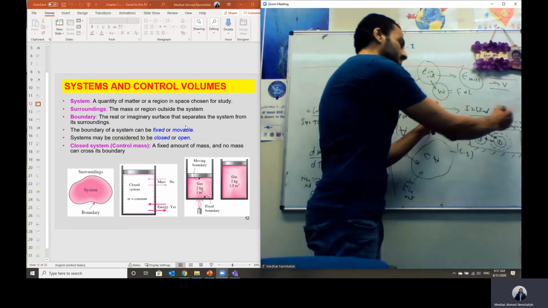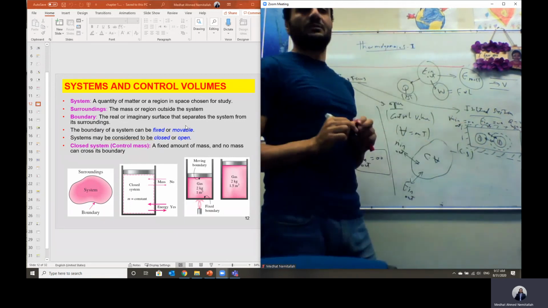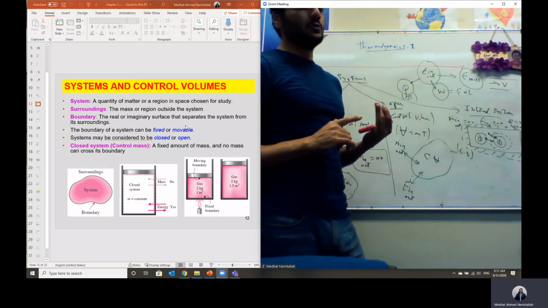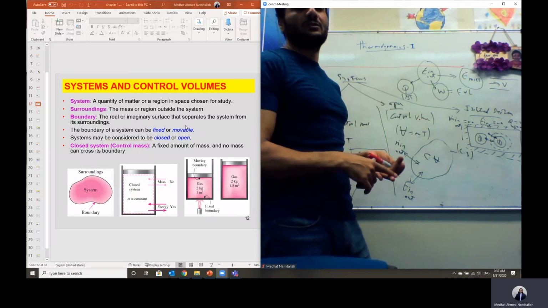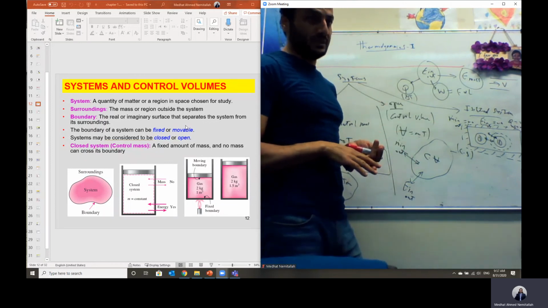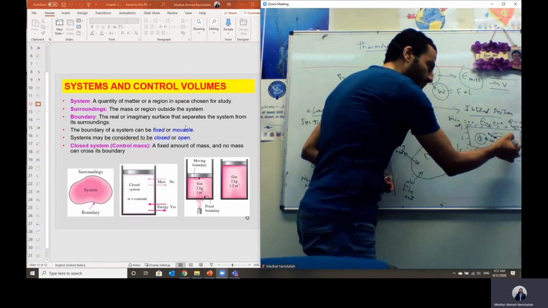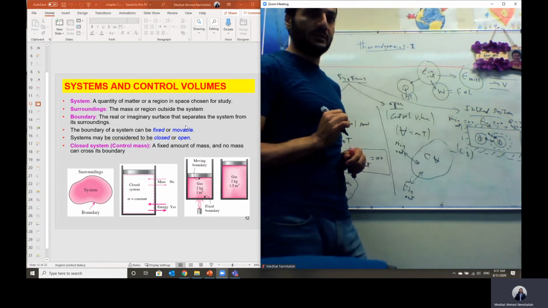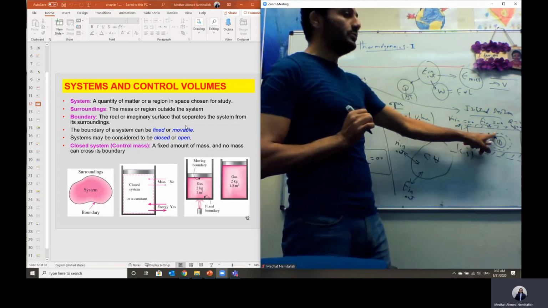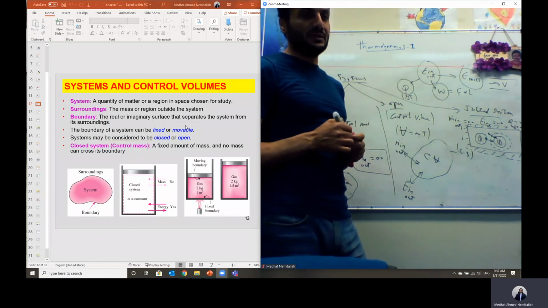If you are studying the whole insulated system, there is nothing to study because it does not allow for energy transfer or mass transfer, so we cannot apply the mass equation, and also we cannot apply the energy equation because there is no form of energy or mass transfer. But if I'm studying this system, then I will draw a control volume around this system, a control surface, and then I can look at which masses are crossing this surface and which forms of energy are crossing this surface. Then we can apply the mass equation and the energy equation.